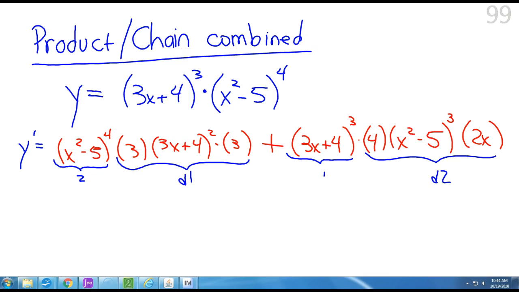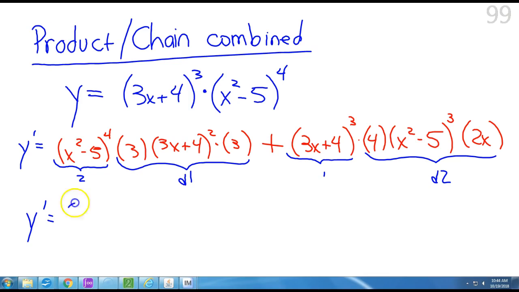So what we're going to do is factor out common chunks. Always going to be common chunks because of the way product rule works. So if I look, in this term over here, how many x squared minus 5s are there? 4 of them, right? How many x squared minus 5s over there? 3 of them.